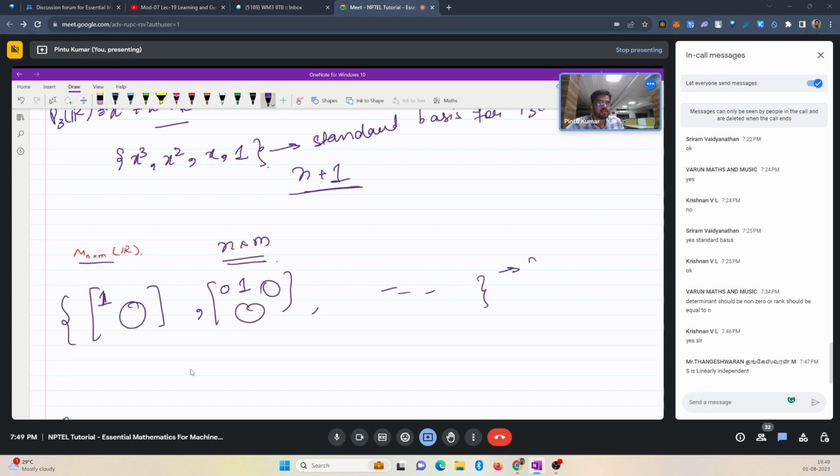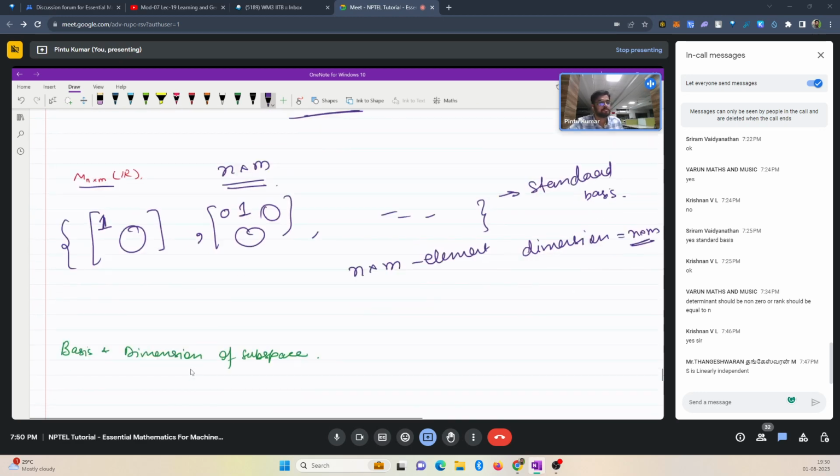This is again called the standard basis for MnmR. So how many elements would it have? It would have n cross m elements, and hence the dimension is n cross m.